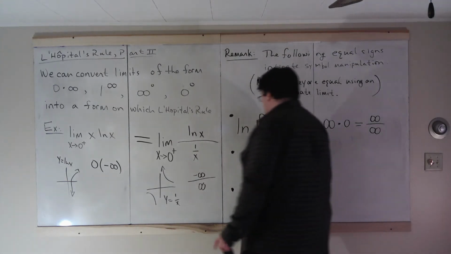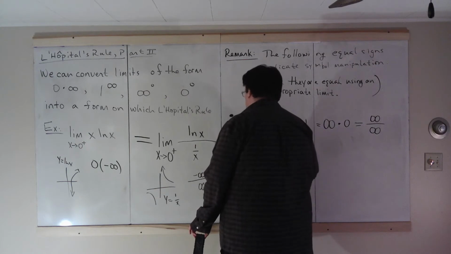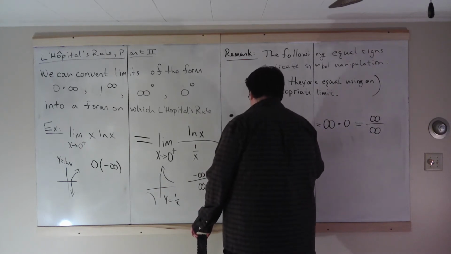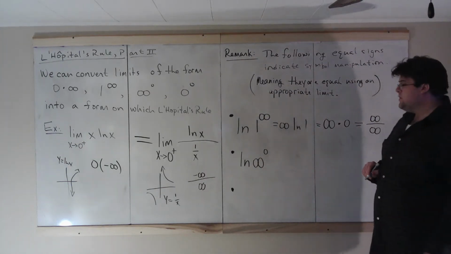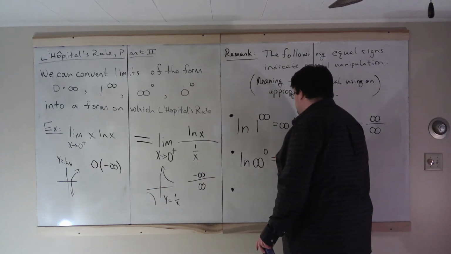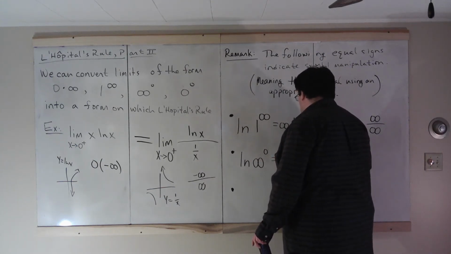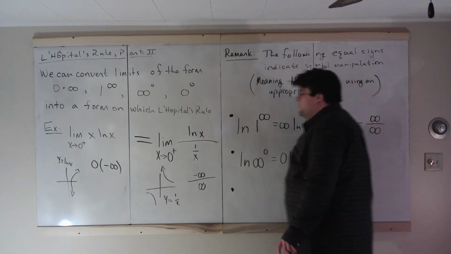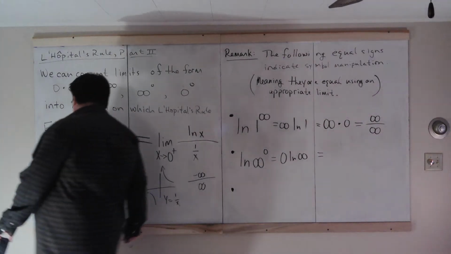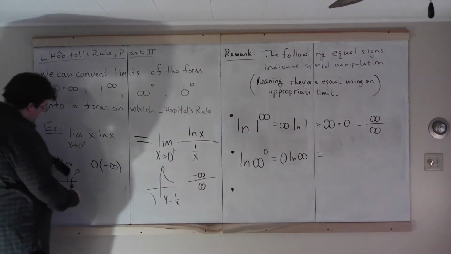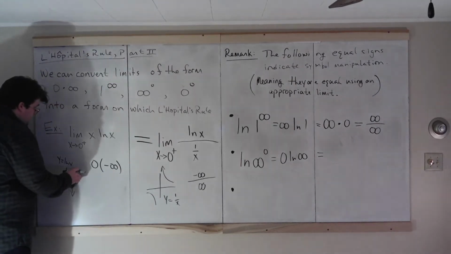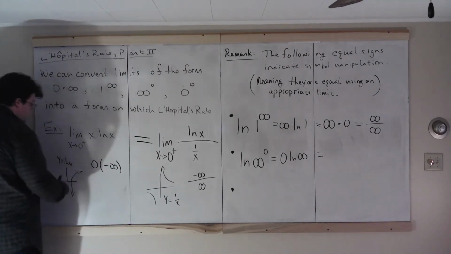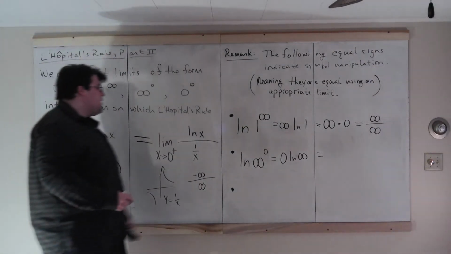What about the others? Well, we're again going to use logarithms. Infinity to the 0 form. Well, again, the 0 comes out front. You have 0 log infinity. As x goes to infinity, where does log x go? Well, that arrow's not completely following it. But that is still increasing without bound.